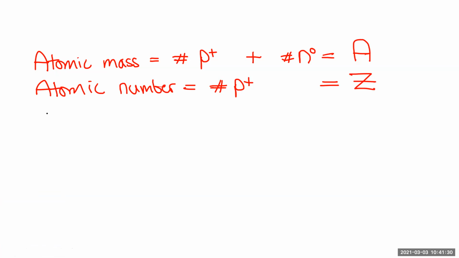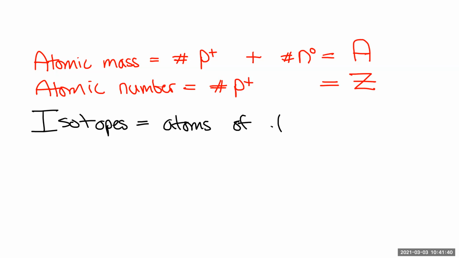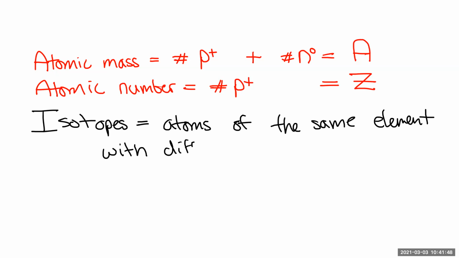Now, this brings us to the idea of isotopes. Isotopes are atoms of the same element with different mass. And what does that mean?